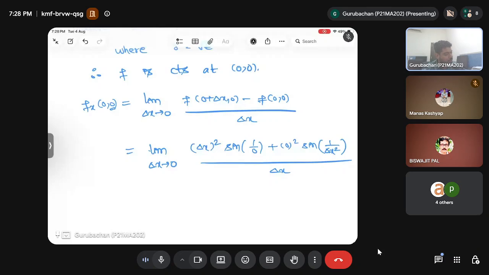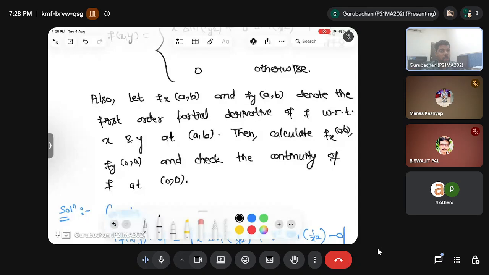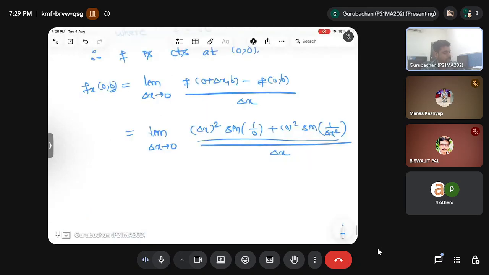So we need to modify our question. It should be fx(0,b) or fy(a,0), where obviously I'm saying a and b are non-zero. I'm assuming that. So in that case, this will be b. What will happen then?